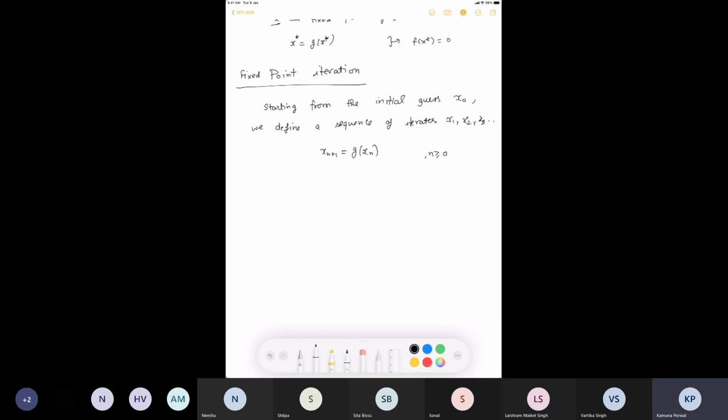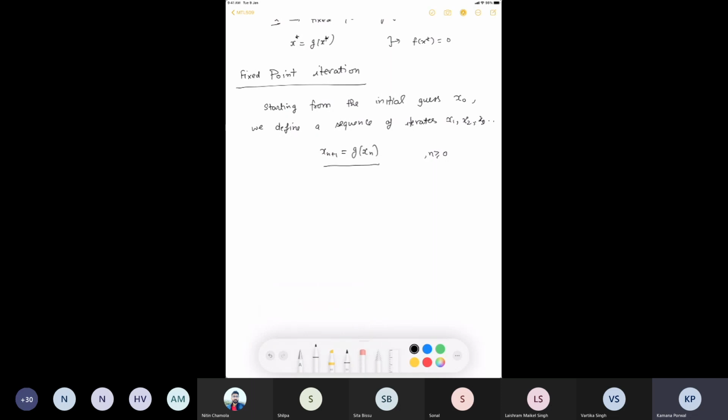Once we have decided the right choice of the g, we will be just computing the iterative sequence using this iteration formula.